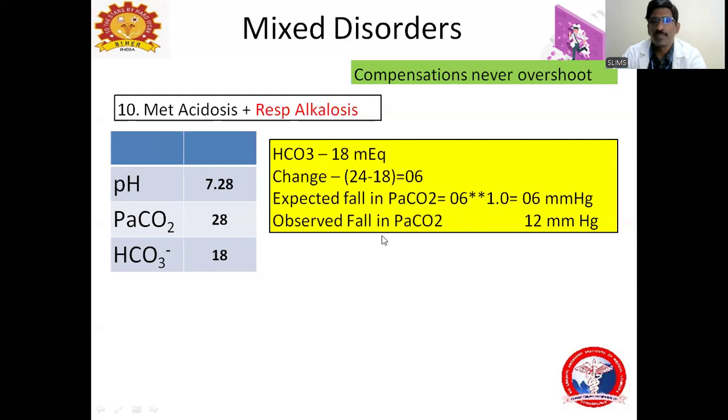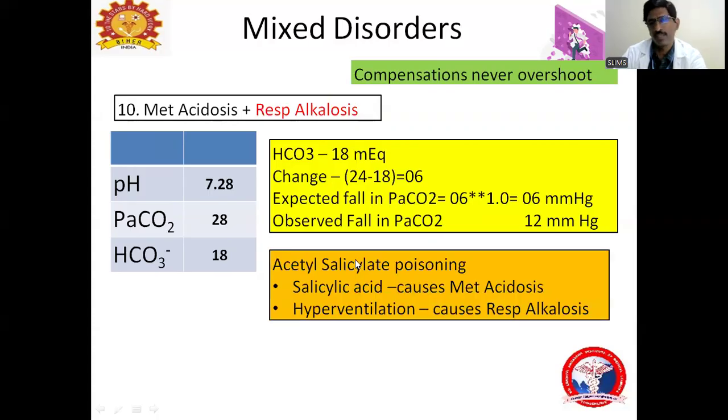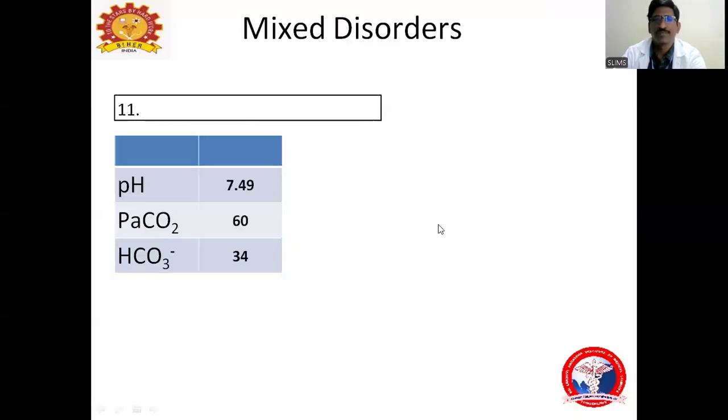But here the observed fall in PaCO2 is 12, 40 minus 28. So what should be our interpretation? So there is a metabolic acidosis, but additionally, there is a respiratory alkalosis. An example is acetyl salicylate poisoning, where the salicylic acid causes metabolic acidosis, while the hyperventilation causes respiratory alkalosis.